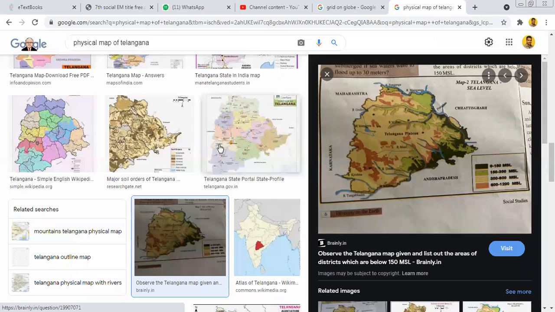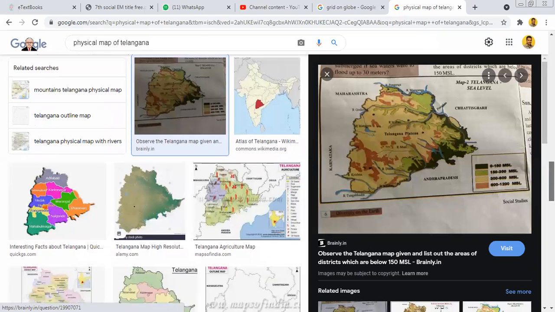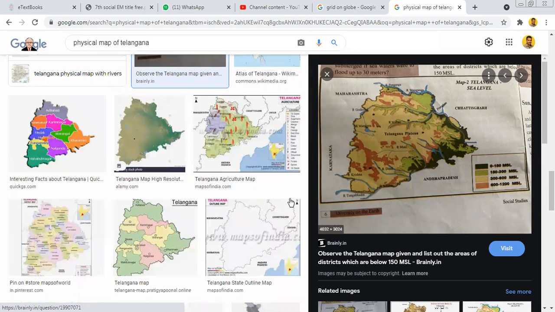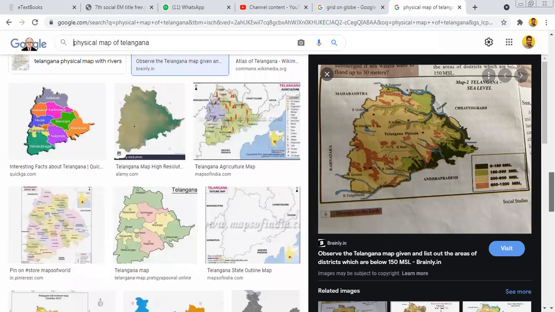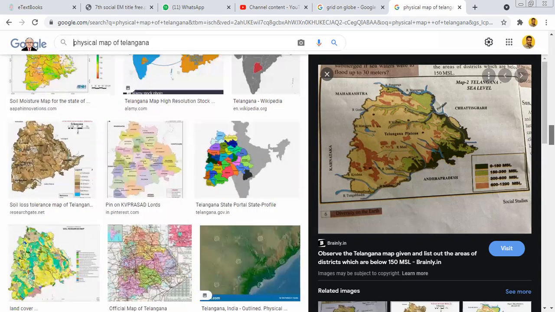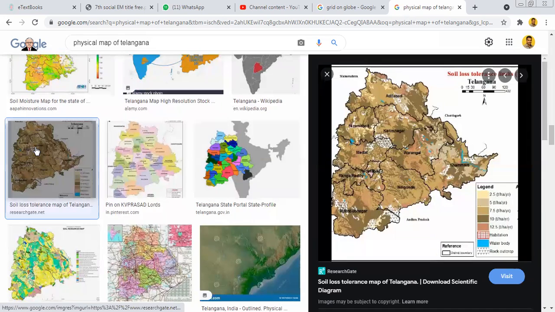map. Okay, here we can see another map. Here, soil loss tolerance is given.